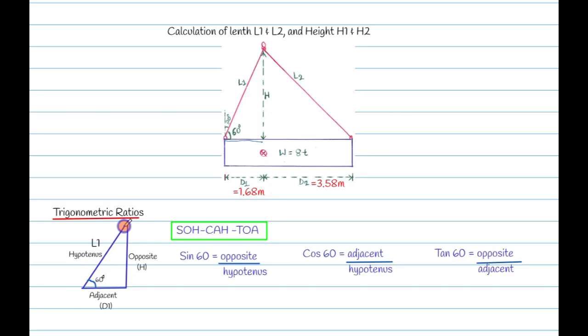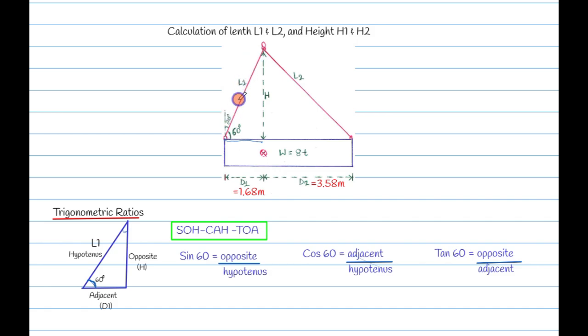For example, if I change this angle to this side, then opposite will become D1 and adjacent will become h. But right now our angle is here, so meaning our h is the opposite and our D1 is the adjacent. So for cosine, it will be adjacent divided by the hypotenuse, while for tangent it will be opposite divided by the adjacent. So we are going to apply these ratios on this point to be able to get our L1.